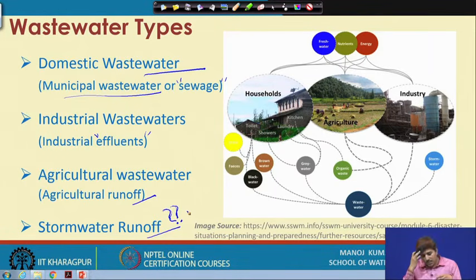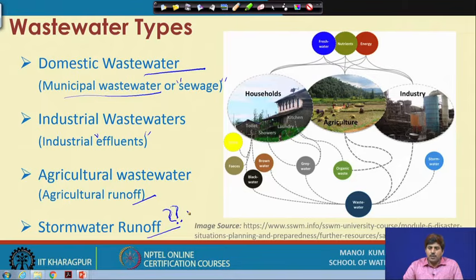In such systems the stormwater is mixed with the municipal wastewater and collectively referred to as sewage or wastewater. Those systems do exist in some places, which is why a few sources consider this a type of wastewater.